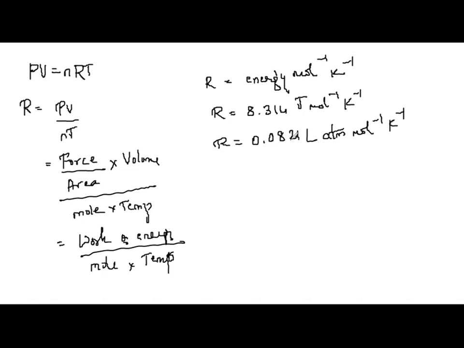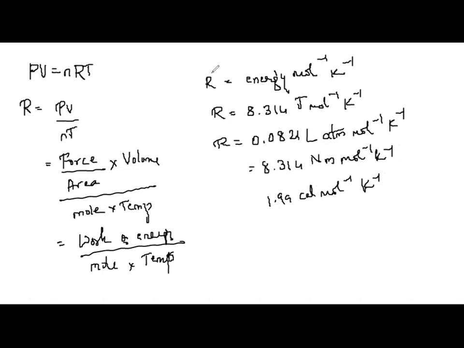Or, since joules is Newton meter, you can also write it as 8.314 Newton meter per mole per Kelvin. Even you have 1.99, that is about 2 calories per mole per Kelvin. There are many values for R, the universal gas constant.